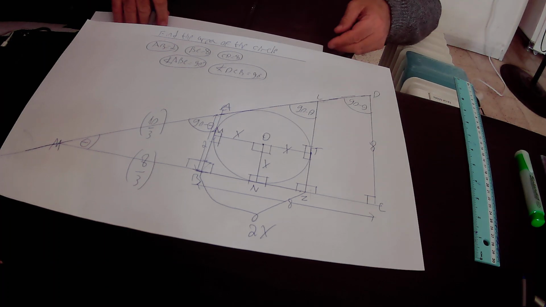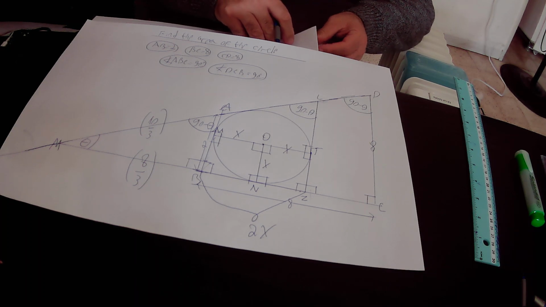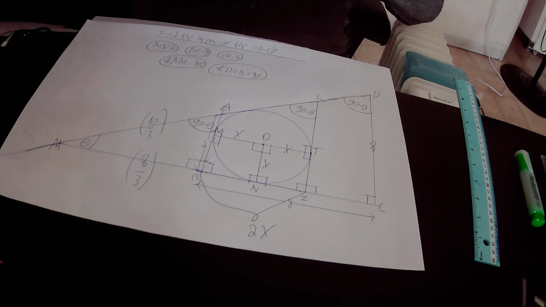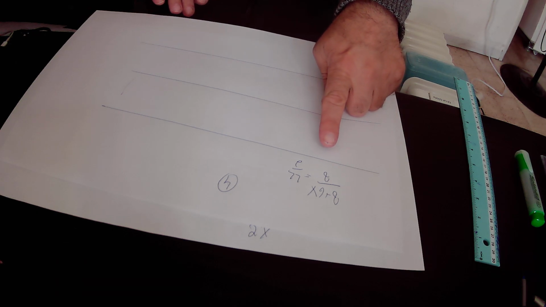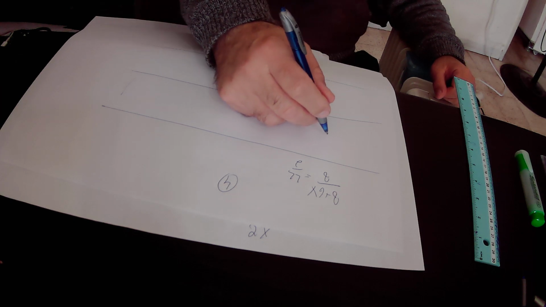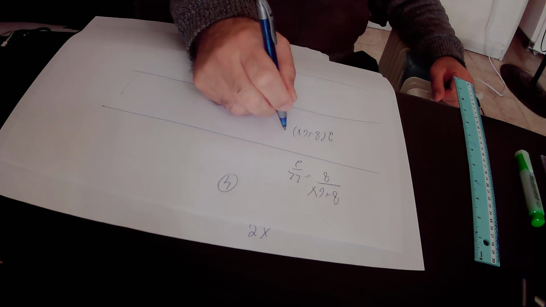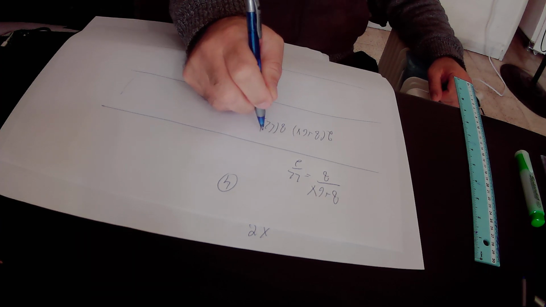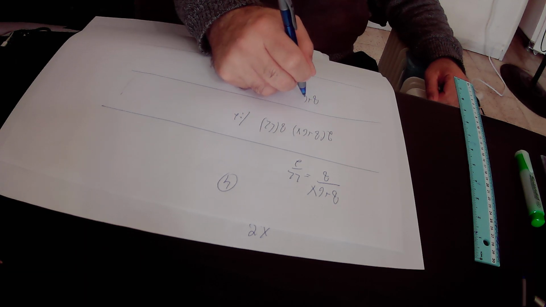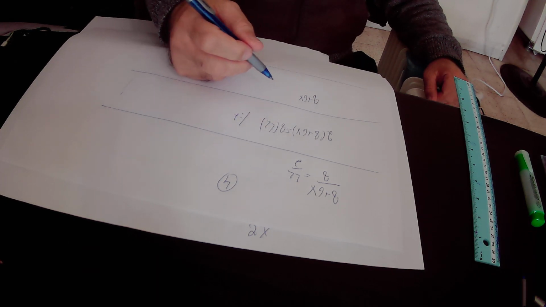I actually found out that 8 plus 6x over 8 equals LZ over 2. Here we'll cross multiply this equation and we'll get that 2 times 8 plus 6x equals 8 LZ. Here we'll divide this equation by 2 and get 8 plus 6x equals 4 LZ, since 8 over 2 is 4.